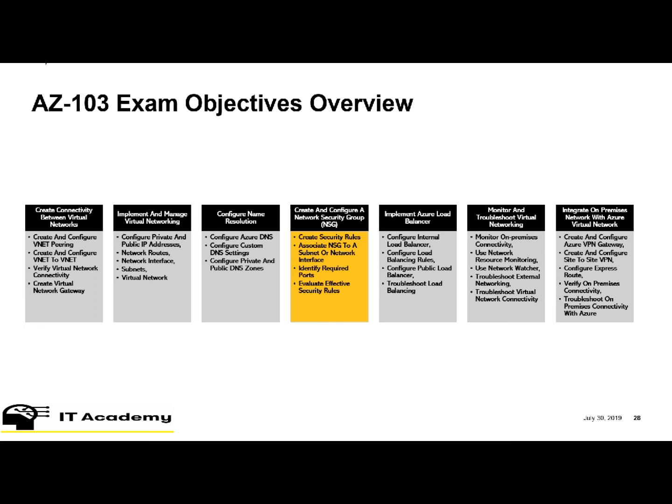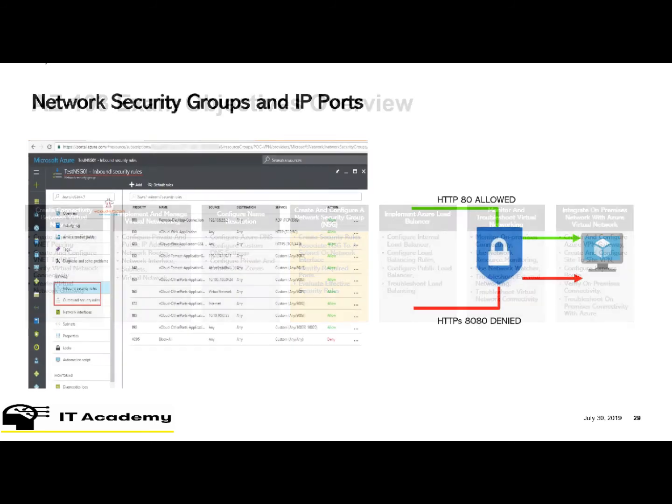We need to be able to associate network security groups with a subnet or an individual network interface. We need to be able to identify what ports are required for an application to communicate effectively and to also evaluate all the security rules that apply to a particular bit of traffic when multiple network security groups are applied.